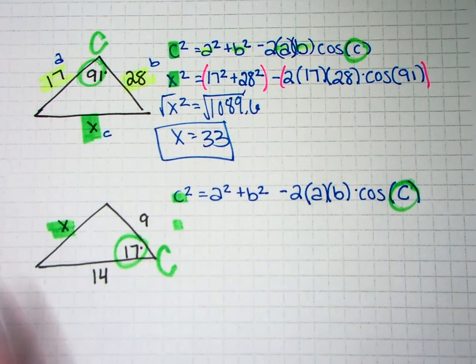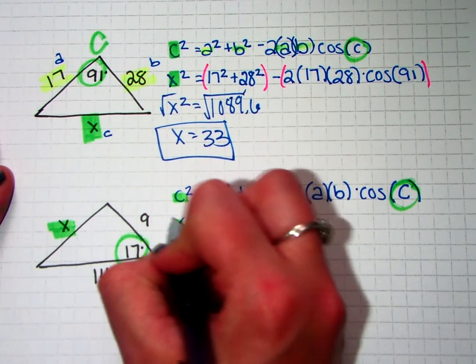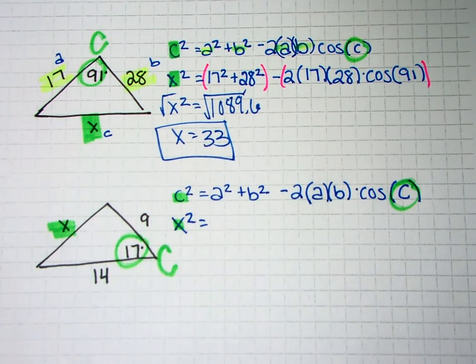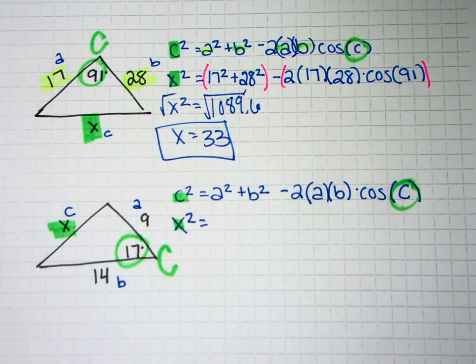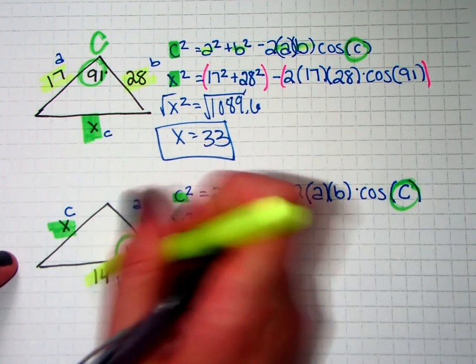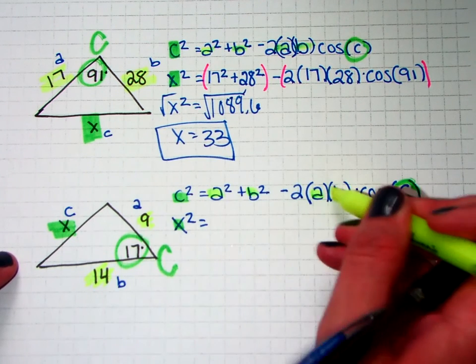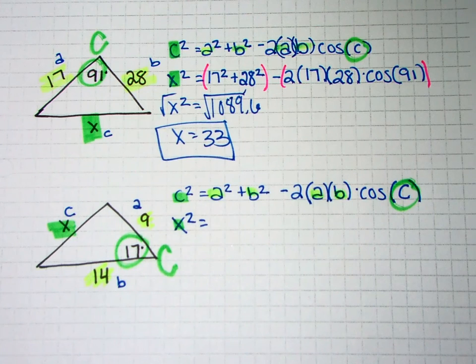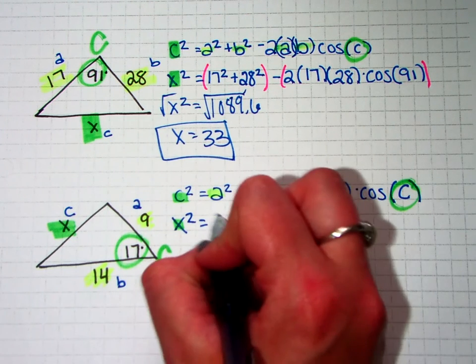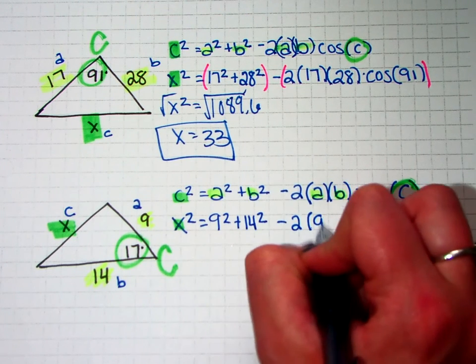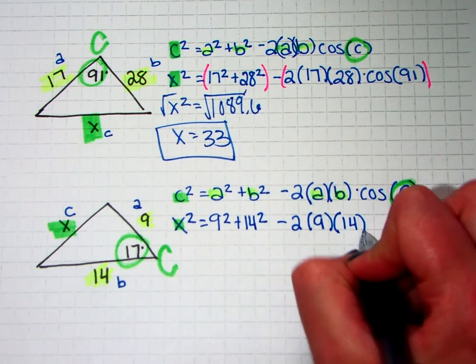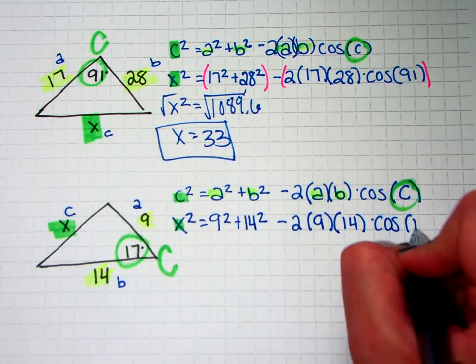X is going to go here. X squared equals, I know that's little c, and I'm going to just make those A and B. Remember, it doesn't matter which one's A or which one's B because you're just going to be subbing them in at different times. So x squared equals 9 squared plus 14 squared minus 2 times 9 times 14 times cosine of 17.